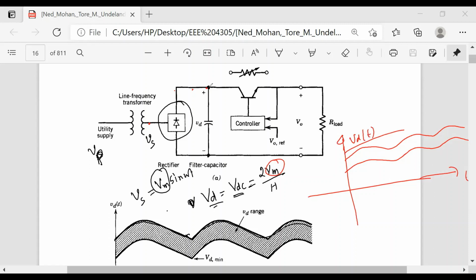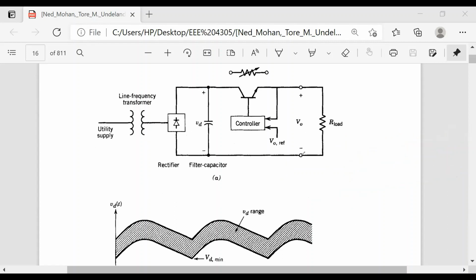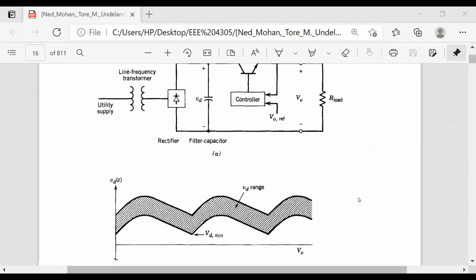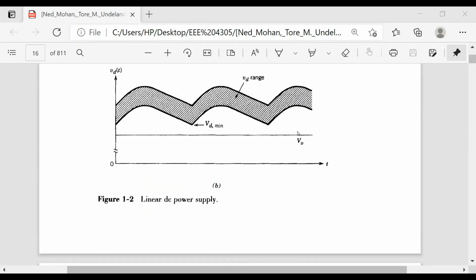But if you use a very large capacitor here, then you will get a DC voltage after filtering, and the expression of that voltage will be this one. Here we see that if the voltage changes, then we will get a range like this.